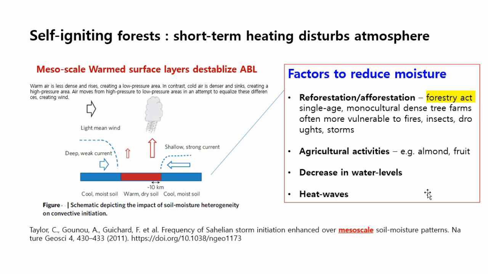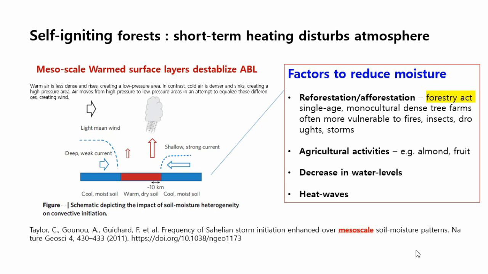There are several factors that make the land drier and warmer and reduce soil moisture and vegetation moisture. Reforestation or afforestation is one, because if you plant more and more trees in dry soils, it's unlikely that the trees can grow up.